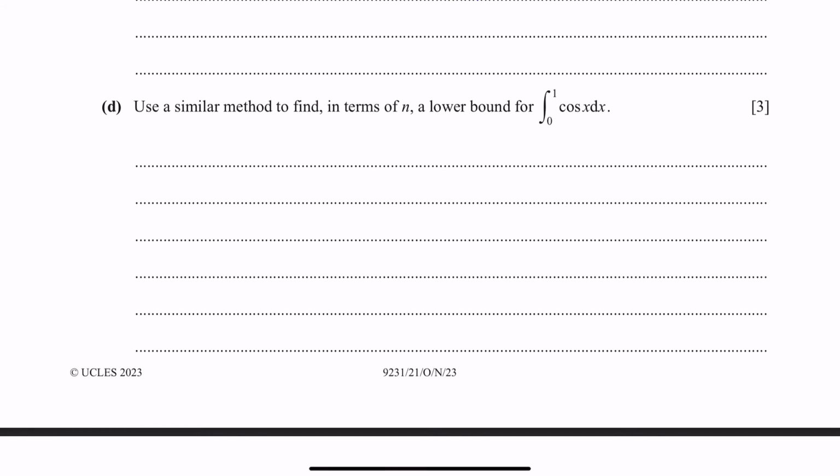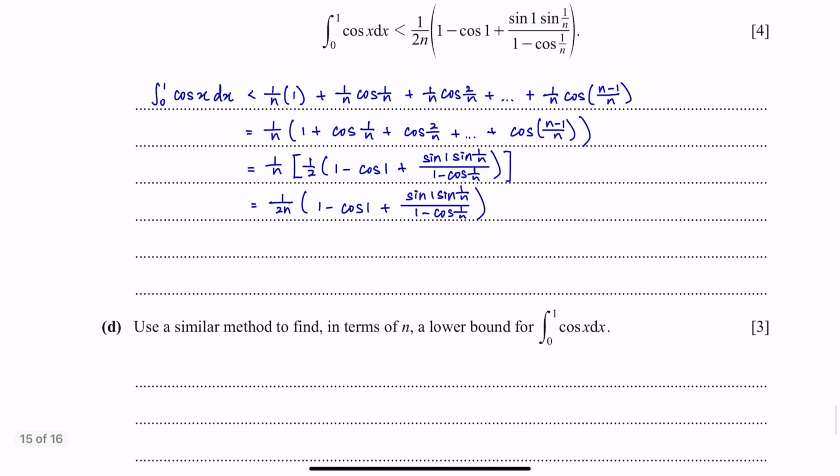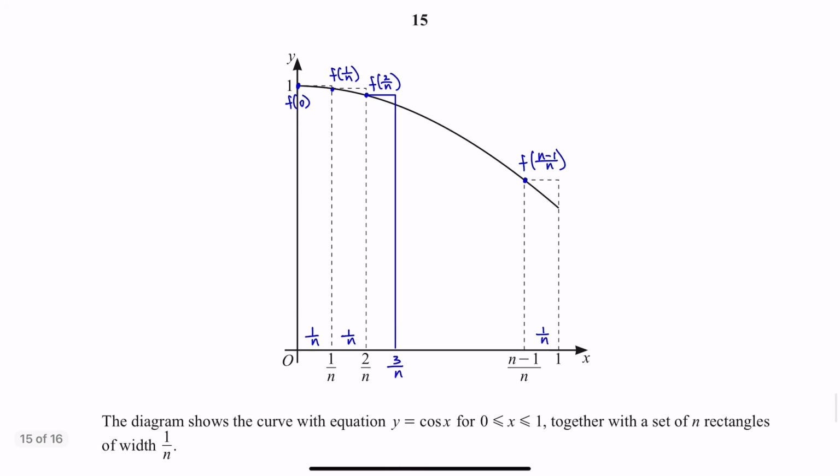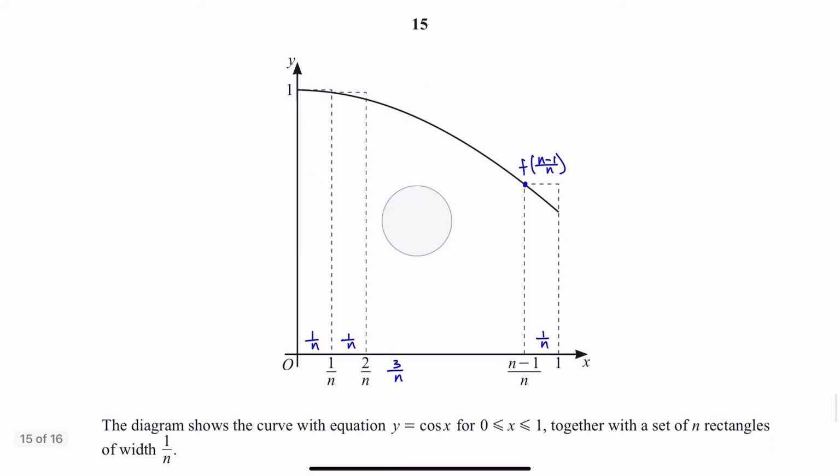For part D, we need to find the lower bound for the integral. So lower bound means that the area of rectangles that we find has to be lower than the area below the graph. So we need to draw other rectangles. We cannot use this again.